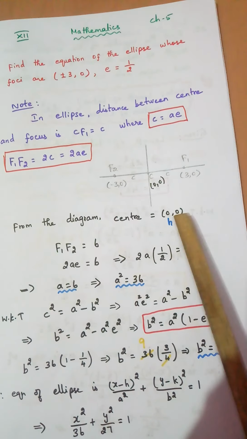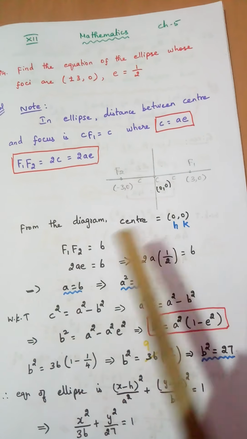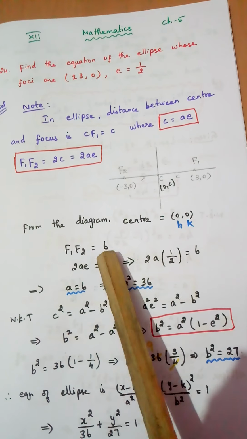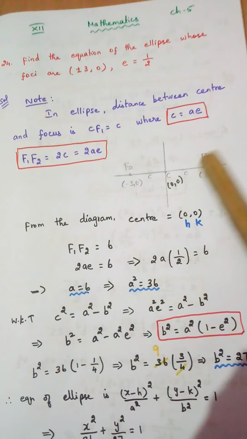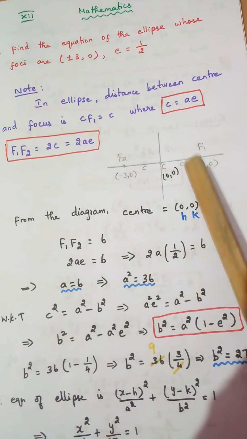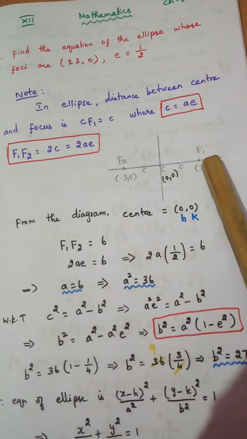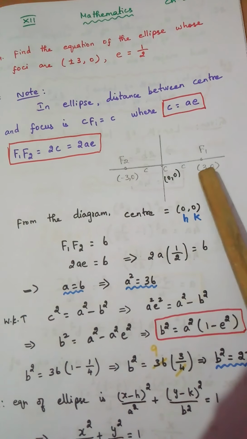Center is 0, 0. Center we denote as h, k. And also F1F2 is equal to 6. This we are also writing from the diagram. See, from center to focus 1, the distance is 3 units because the point is 3, 0.